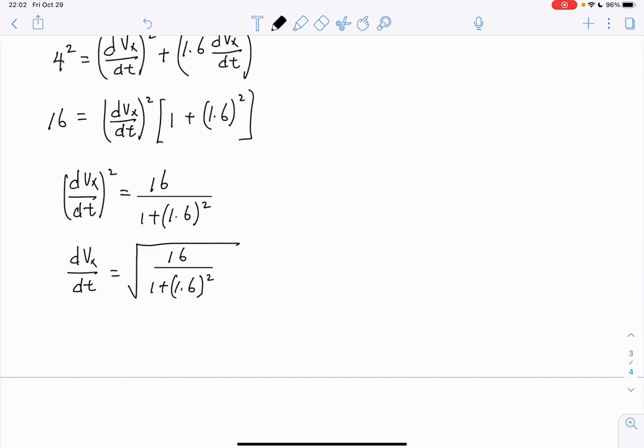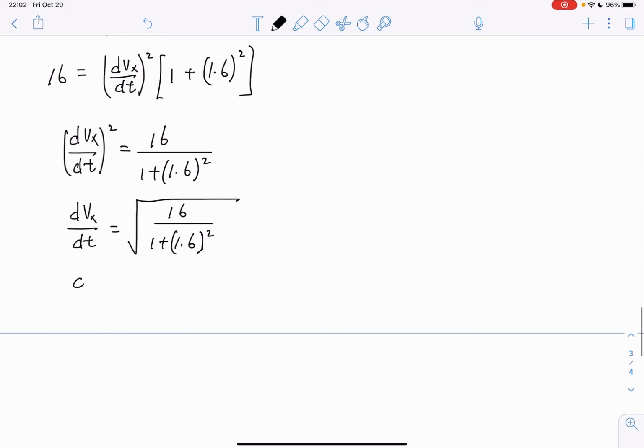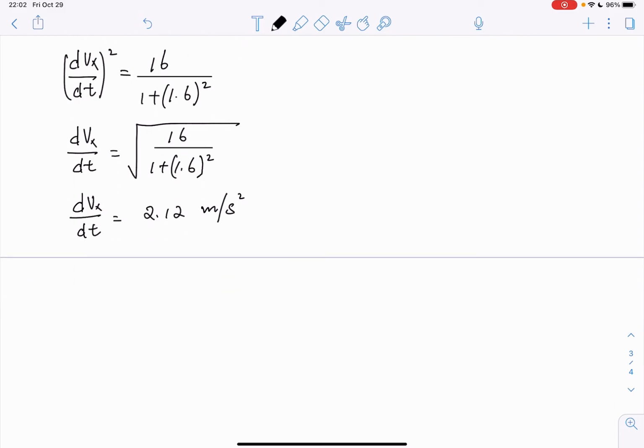That's very easy to compute because we don't need any value of x or y. From the calculator we can just compute this one. We get 2.12 meter per second square. So ax is 2.12 meter per second square.